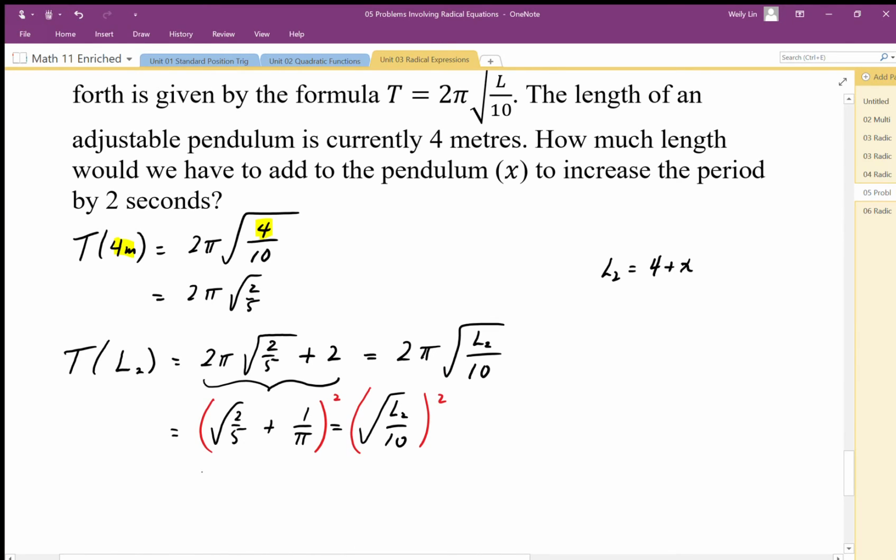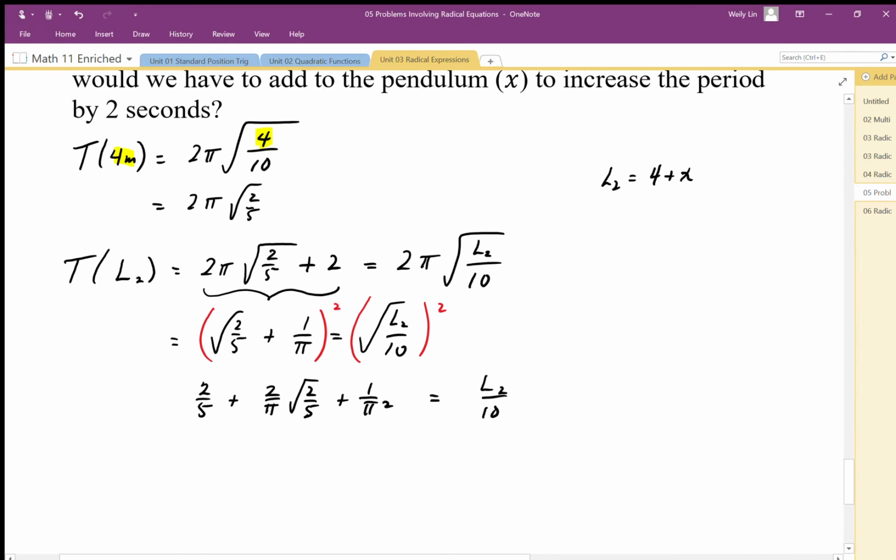So I'm going to end up with 2 over 5 plus 2 times root 2 over 5 times 1 over pi, and then plus 1 over pi squared. Okay, and then this is L2 over 10.